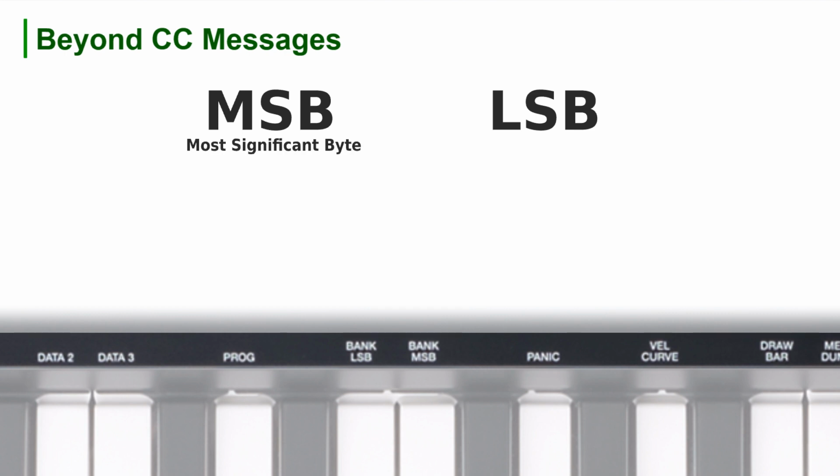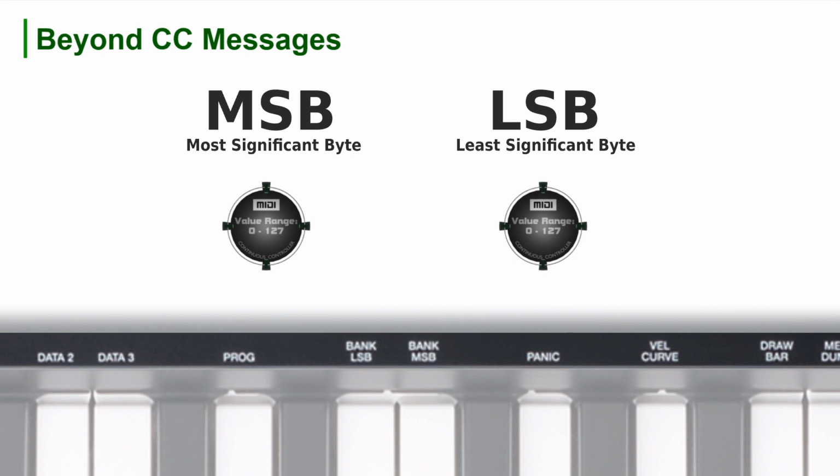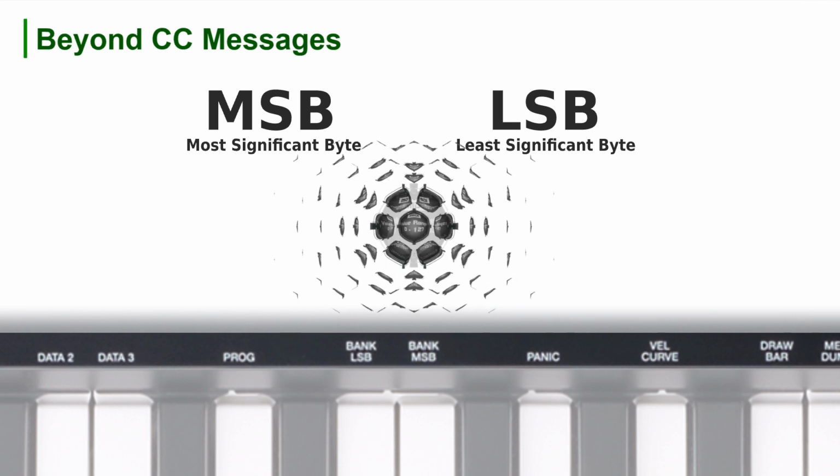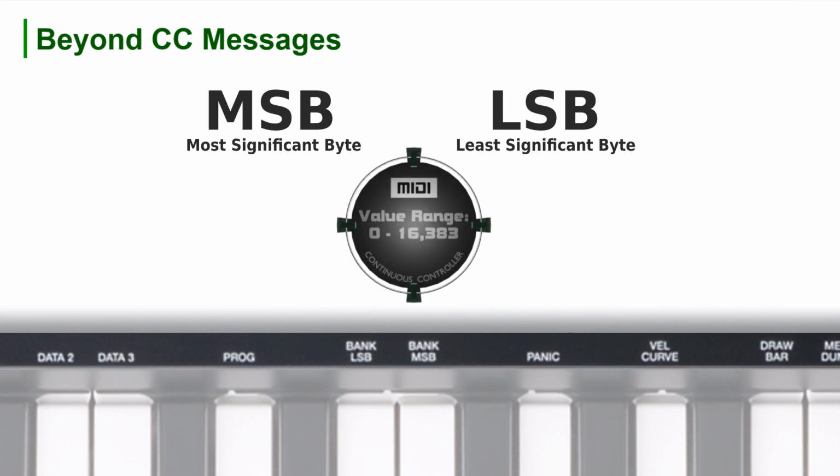They stand for most significant byte and least significant byte, and they're simply a way to overcome the limitation that MIDI messages generally only have 128 discrete values. If you take two MIDI messages, each with a value from 0 to 127, and combine them, you end up with a single value from 0 to 16,000, which is pretty awesome really, and I only wish I could combine my online bank balances in the same way.